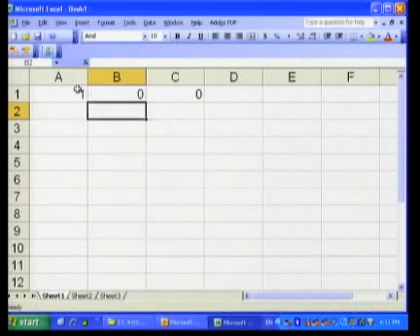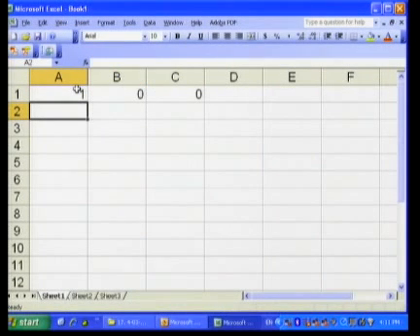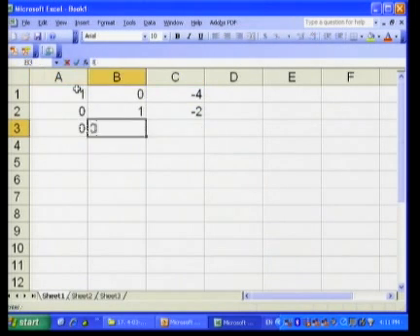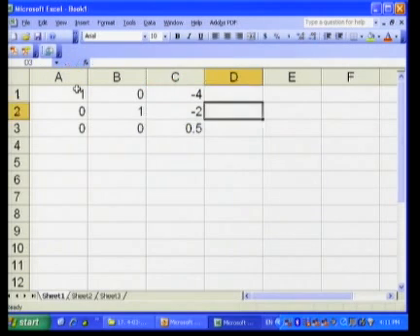So I put all the values for the old basis inverse matrix: 1, 0, negative 4, 0, 1, negative 2, 0, 0, 0.5, and then negative 1.5, 0.5, 0.25.